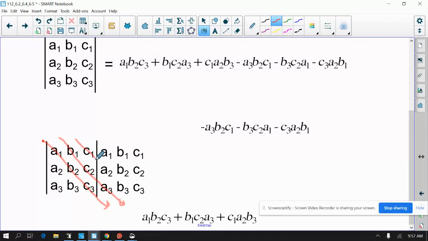And C1 times A2 times B3 is that third product. And then on the other way, going upwards, start in the bottom left corner, A3 times B2 times C1 is this product. And then B3 times C2 times A1 is this fifth product. And C3 times A2 times B1 is that sixth and final product.